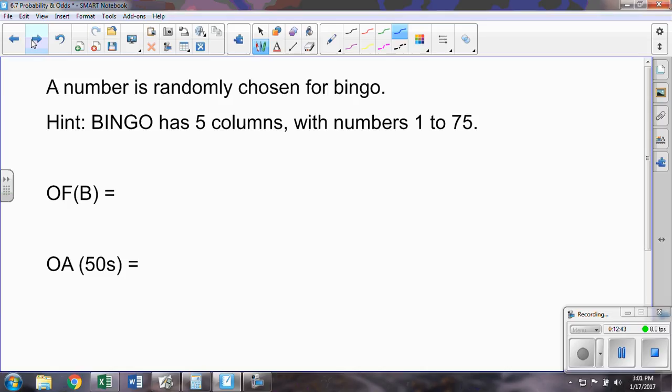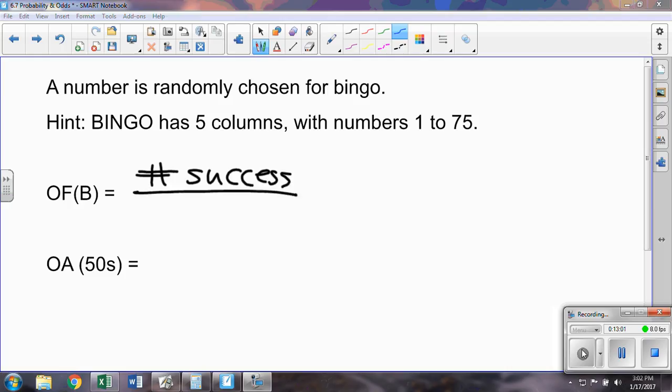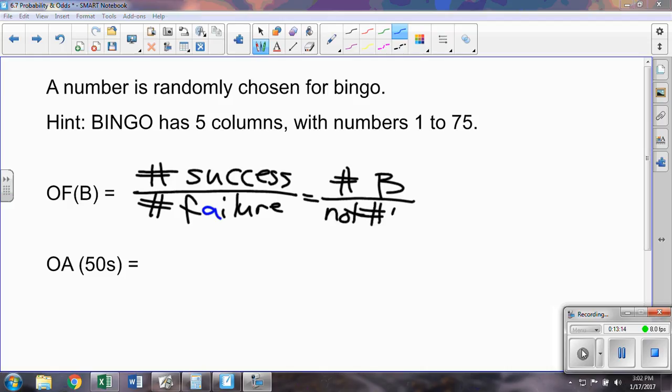So consider here, getting ready to go play bingo. What are the odds in favor of drawing a B? Keep in mind, when we are looking at odds in favor, it is the number of successes over the number of failures. So when you're playing bingo, how many ways are there to get a B compared to not getting a B?